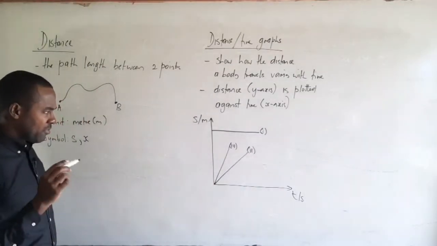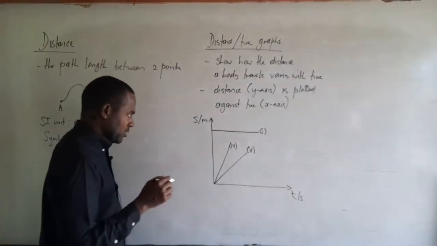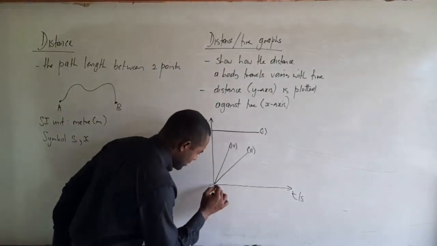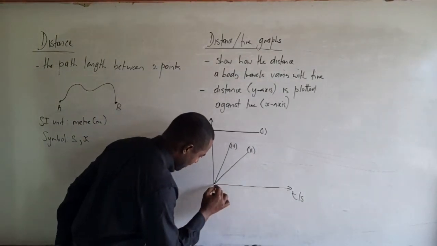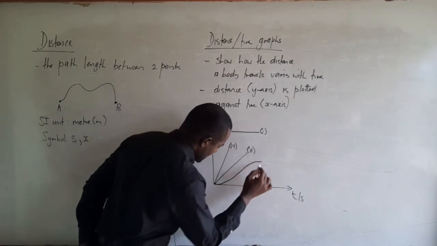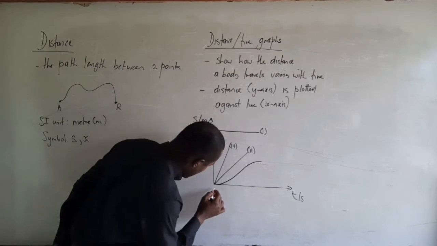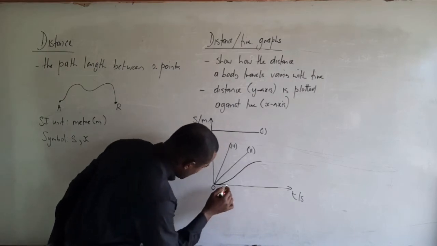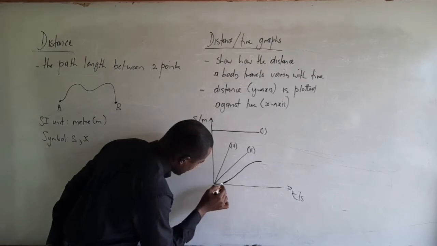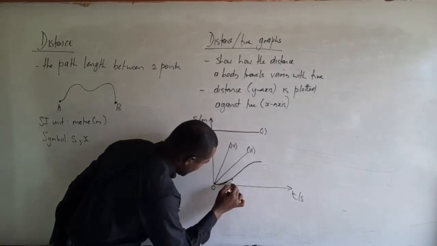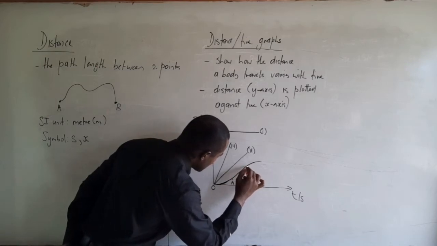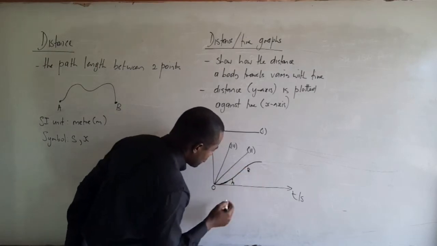Now the fourth graph we will examine is not a straight line but is a curve. So we'll draw this one like this. Let's call this point O. Up to this point it is curving, and here let's call this A, and this point B is a straight line.